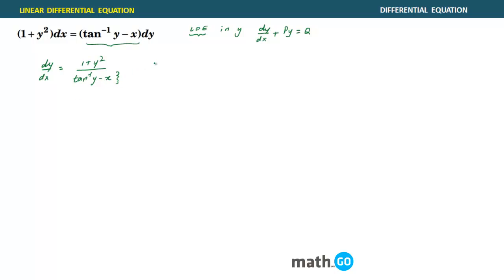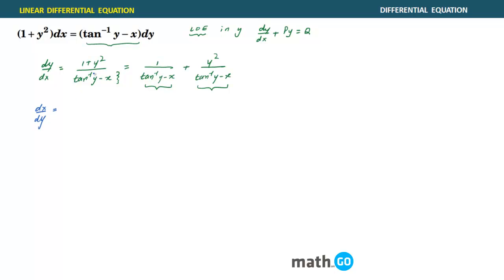So we can write this in the form of 1 upon tan inverse y minus x plus y square upon, we can write this, that is not a problem. But this does not solve our question. Why? Because see, here both x and y are here. Here also in this term both x and y are here. Now let's try another approach where we'll say dx by dy.